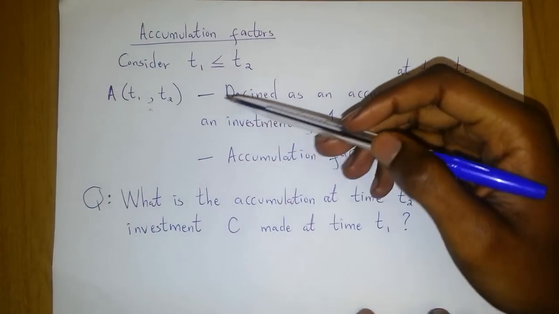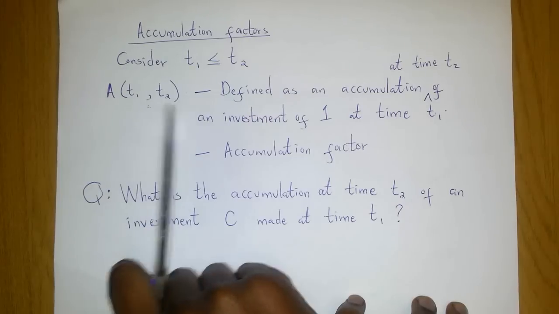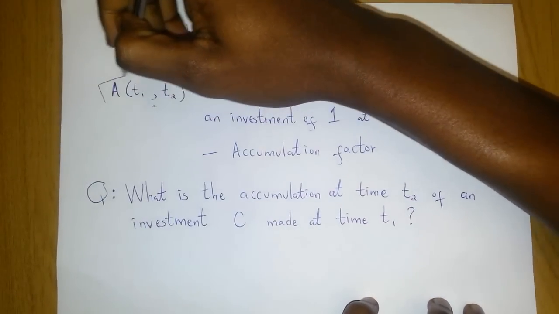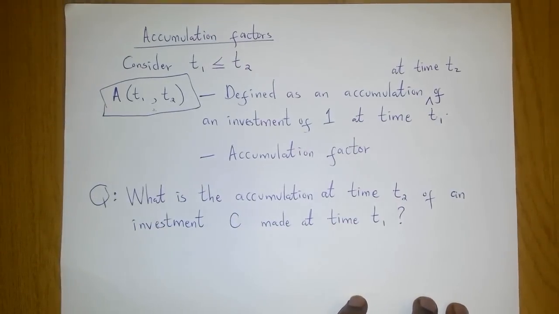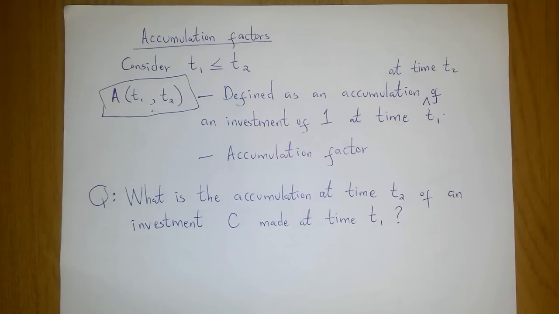Now we'll use these two times to define an accumulation factor. This here is defined as the accumulation at time T2 of an investment of 1 made at time T1.